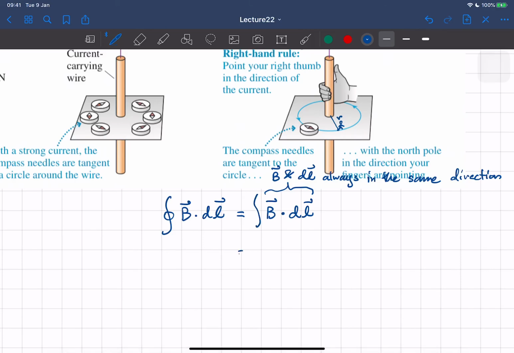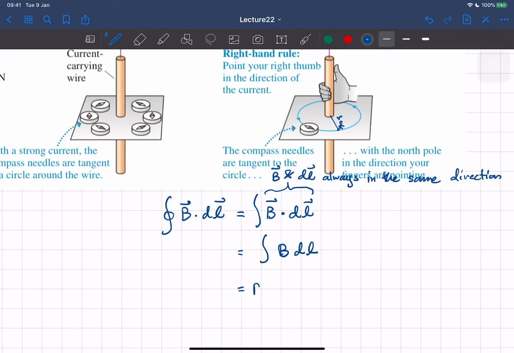So this integral becomes just the integral of B times dl, and we don't need to worry about the direction any longer, because we know that the direction of the magnetic field is given by this figure here. And the magnetic field is constant in terms of magnitude everywhere on the circle, because everywhere on the circle is the same distance from the wire.